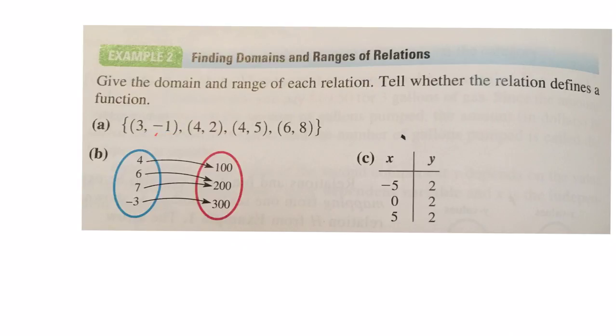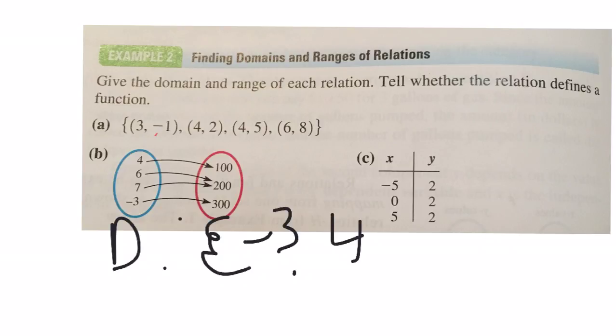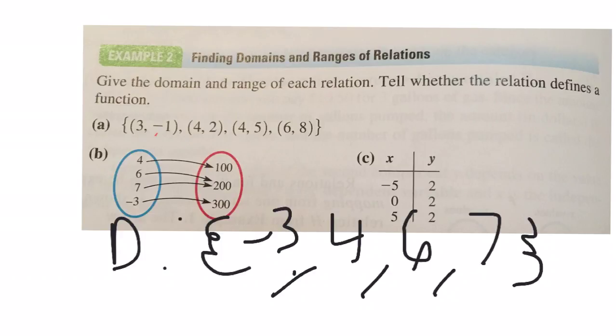For part B, the domain would be the set of numbers -3, 4, 6, and 7. Because if you notice, the blue circle is mapping to the red circle.